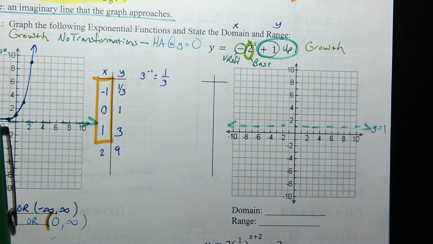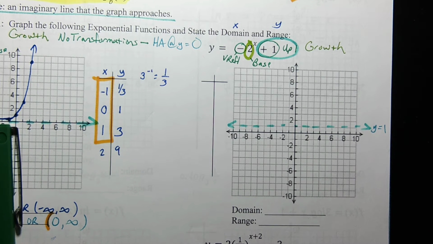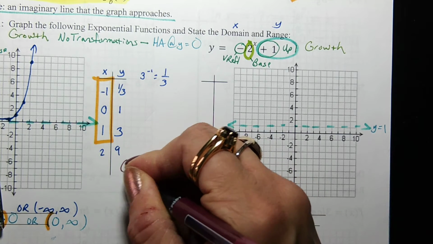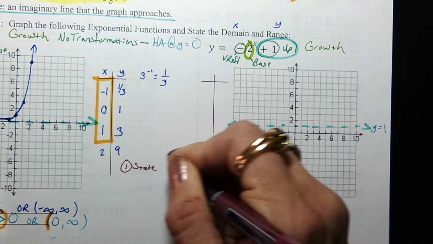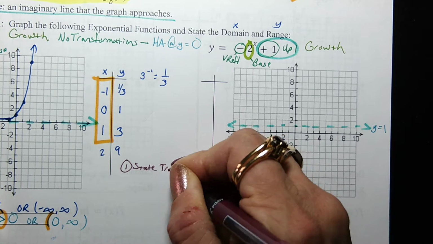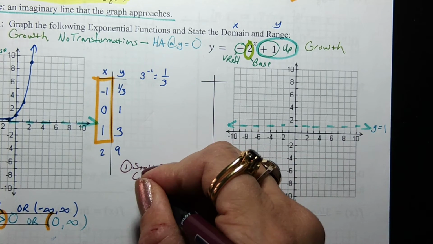Any questions on the transformation so far, that first step? So we state the transformations, we visually move the asymptote. Let's go ahead and write these steps down. So step 1, state the transformations, and then growth or decay.